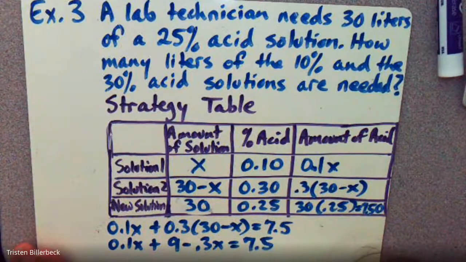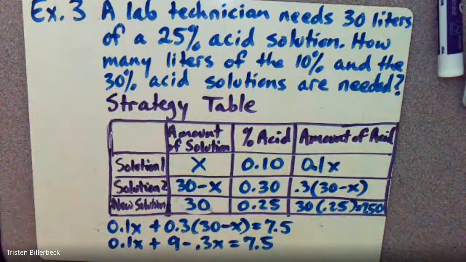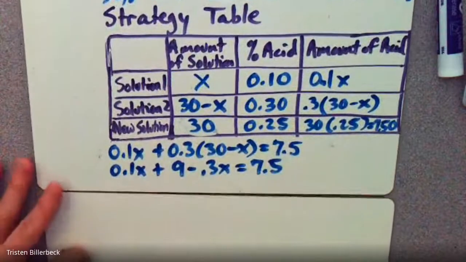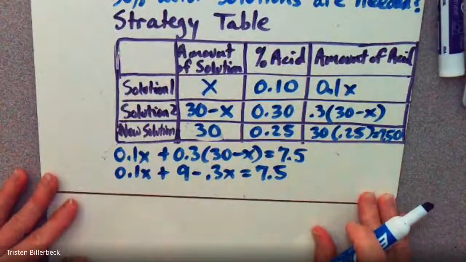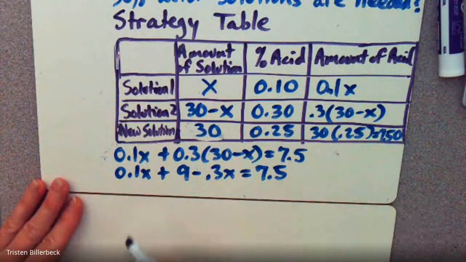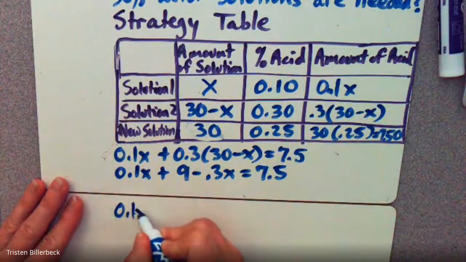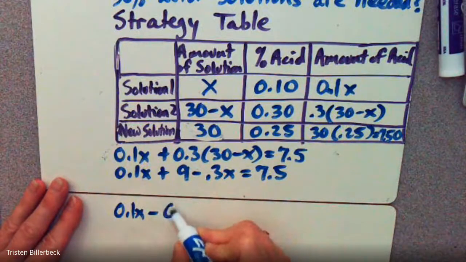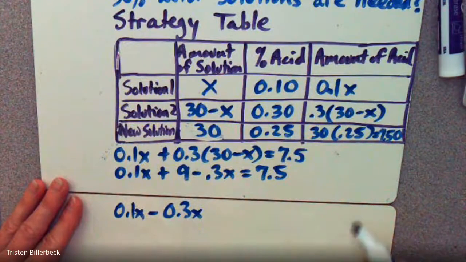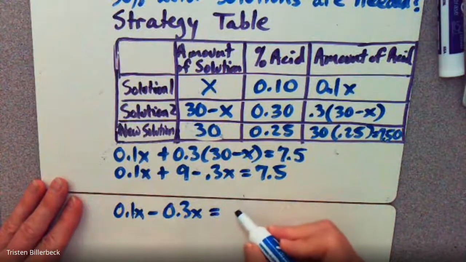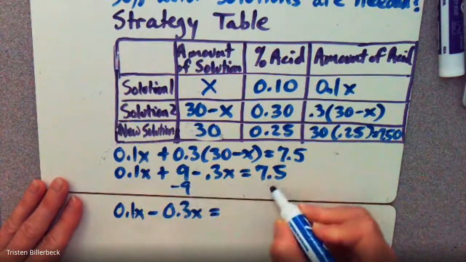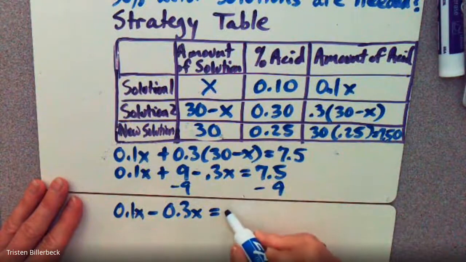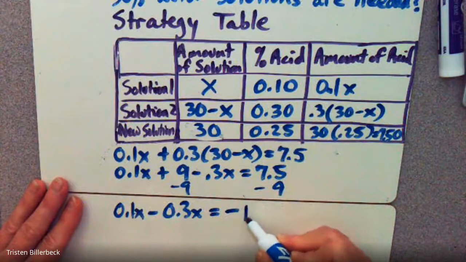Okay, let me get another board here. Oops, that's not the board. There we go. Okay, so let's get some more room here. Going to be a long problem. Okay, so we have 0.1x, and then it's minus 0.3x, and that's going to equal, if we subtract the 9 on both sides, minus 1.5.